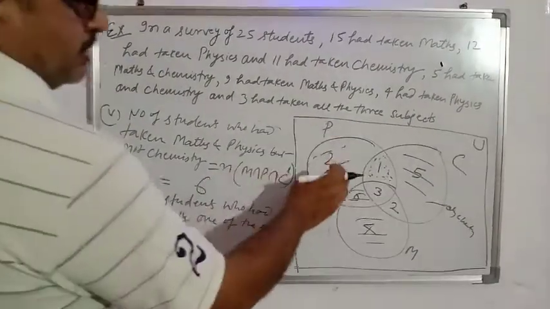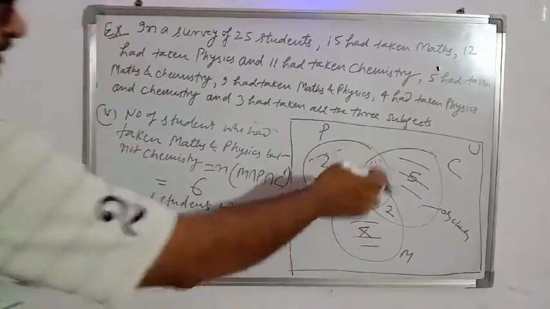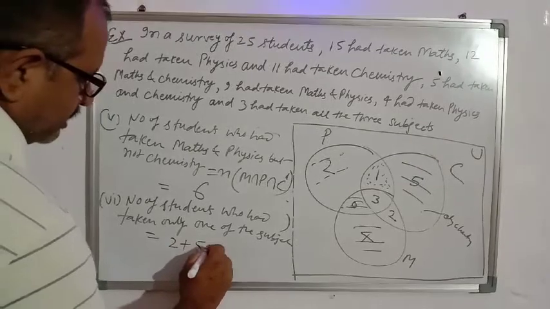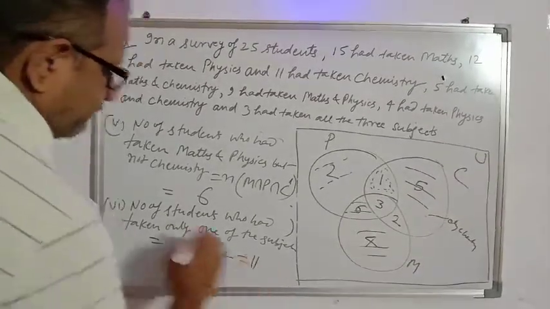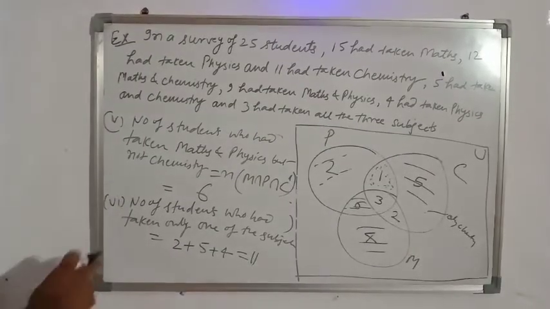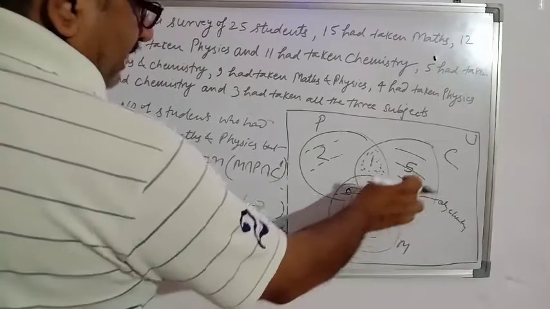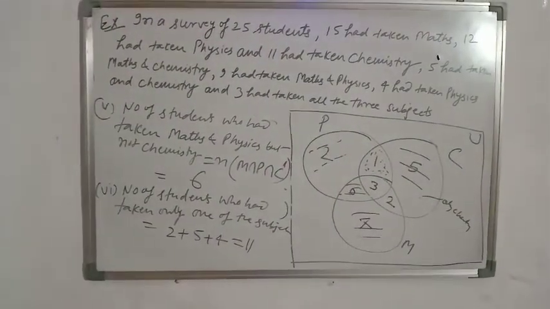So only physics is how much? 2. Only chemistry 5. Only math 4. So we will add it. 2 plus 5 plus 4. 5 plus 2, 7, plus 4, 11. So only physics, only chemistry, only math, we will add them. Next part, seventh part.